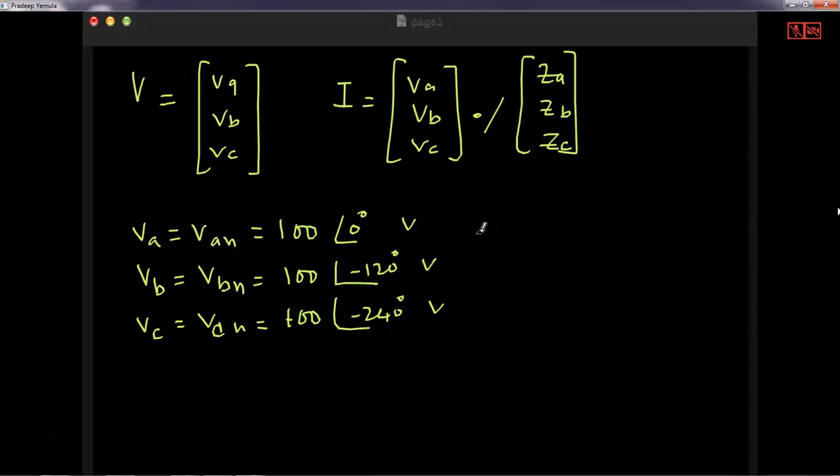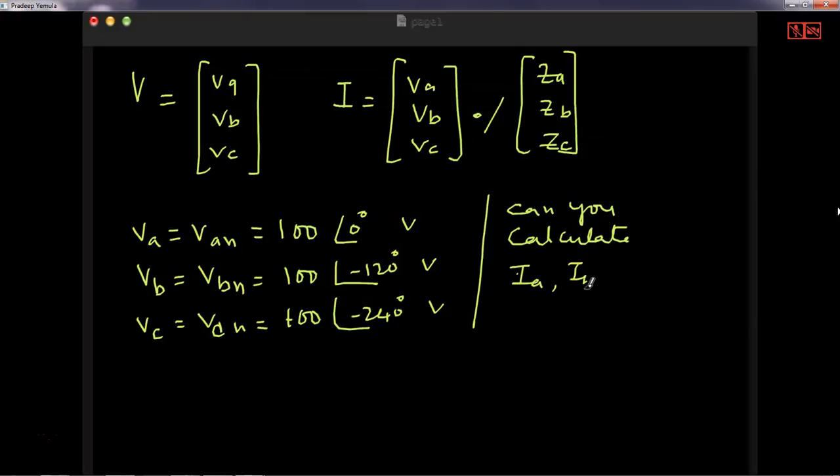So now I know the voltages, I know the impedances, I can find the currents. So for doing this, can you try doing this calculation? I'll just leave it to you. Just take a couple of minutes.